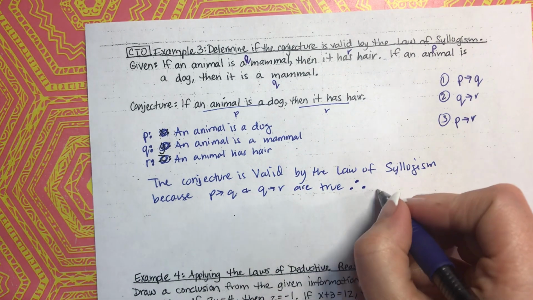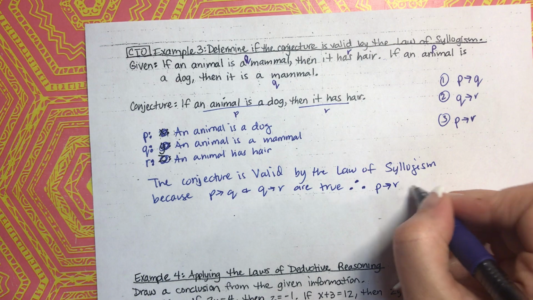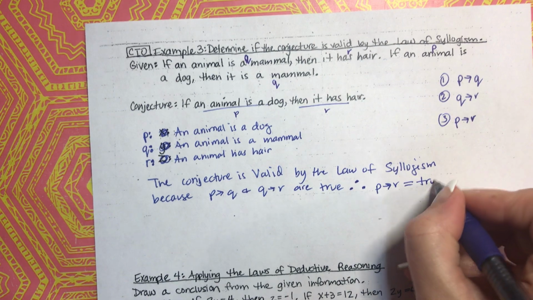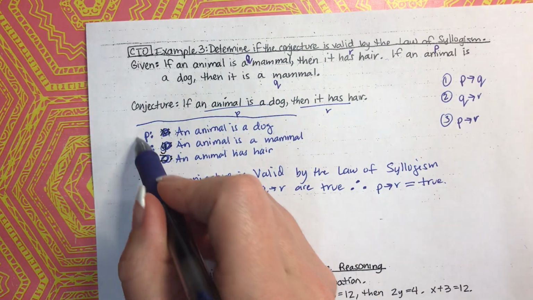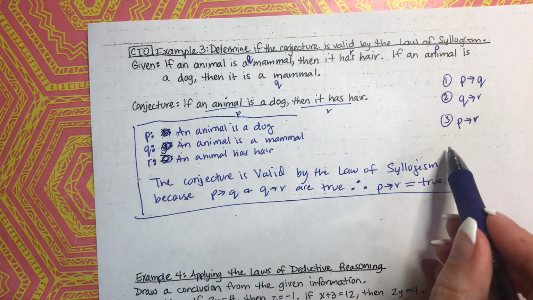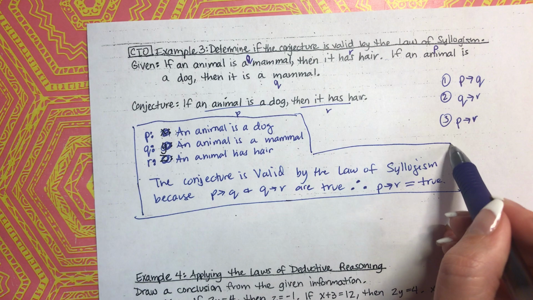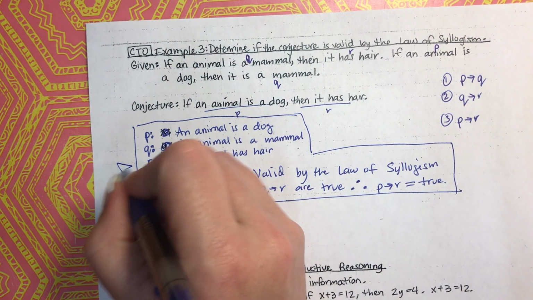Therefore, P to R is true, or valid. So this is our entire answer right here. So you would write all of that right there.